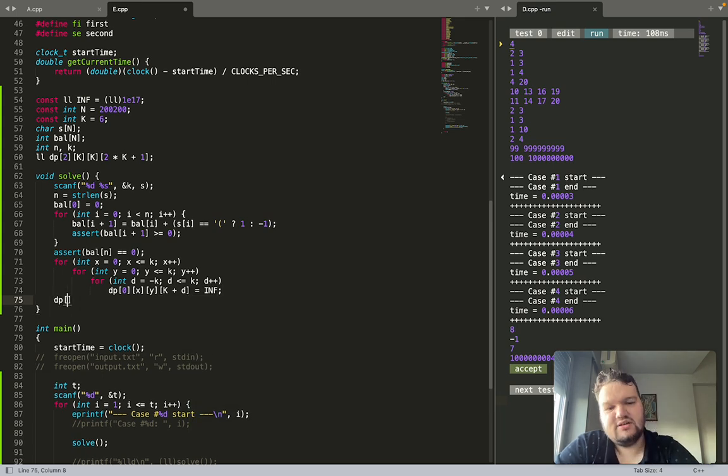Start at 0 removed, 0 added, and the current balance is the same as in the current position. So the distance is 0, but I don't want to use negative indices, so it's k plus 0 kind of.